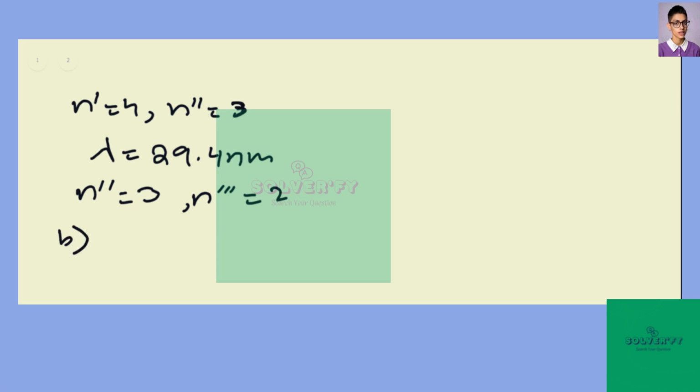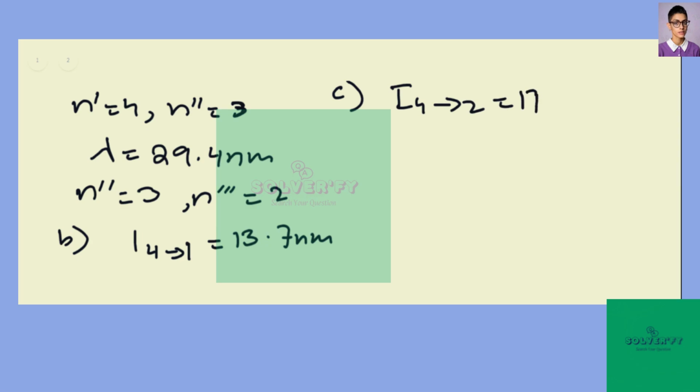For part B, the shortest wavelength that can be emitted is 4 to 1, that is 13.7 nanometer. For part C, the second shortest wavelength that can be emitted is 4 to 2, that is 17.2 nanometer.